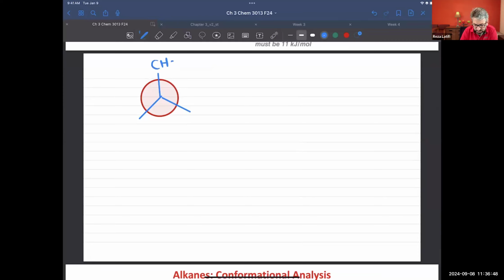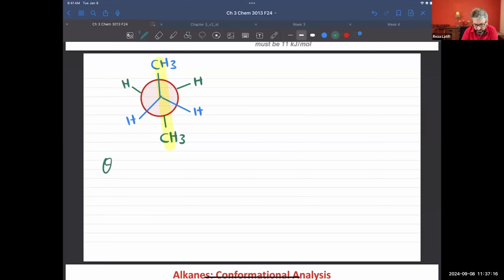You put CH3 here, and you have H. Now, the one on the back, you need to put it 180 degrees far from the first methyl group. I get H here, H, and that's going to be CH3. This one has 2 methyl groups 180 degrees far from each other.